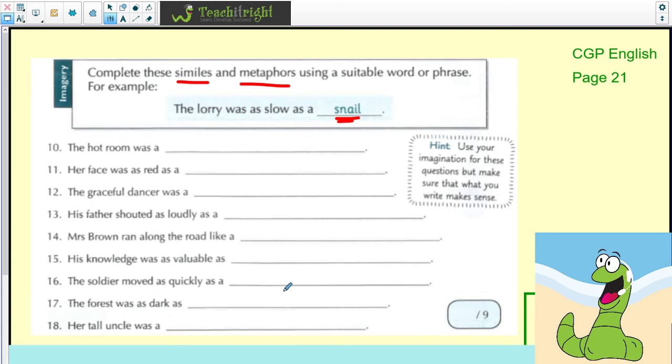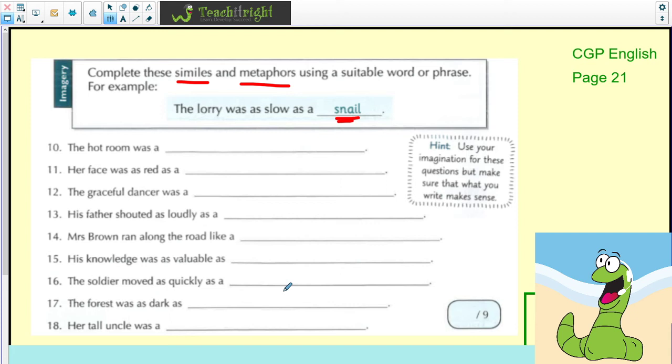I will give you a couple of examples just to get your brain thinking, but hopefully you've had a good go at this yourself. So the hot room was a furnace maybe, or a sauna. Those are places that are really hot. Her face was as red as, and you may have heard of this as a sort of a phrase. So this simile could be, her face was as red as a tomato, as red as a letterbox.